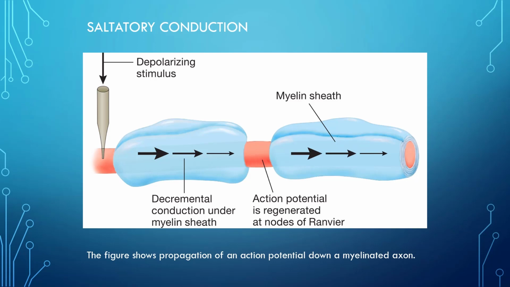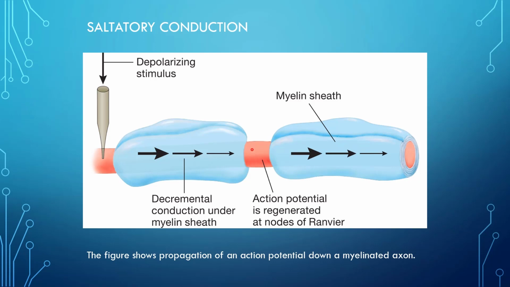So the job of the myelin sheath is to insulate the signal and allow it to travel for longer than it would normally. But in truth, there is a slight bit of decay that happens as we're going under the myelin sheath. But then we get to the node of Ranvier, and something magical happens, and that is that there are voltage-gated sodium channels at every node of Ranvier.